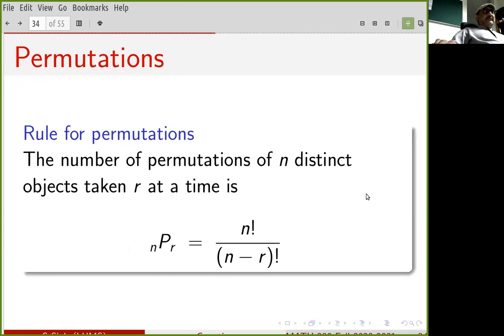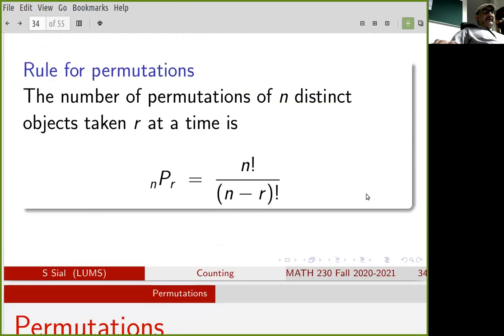Remember, here we're thinking of the order as mattering. When we come to cases where you have choices and the order doesn't matter, we'll discuss that some more. So the number of permutations of n distinct objects taken r at a time is n factorial divided by (n minus r) factorial.